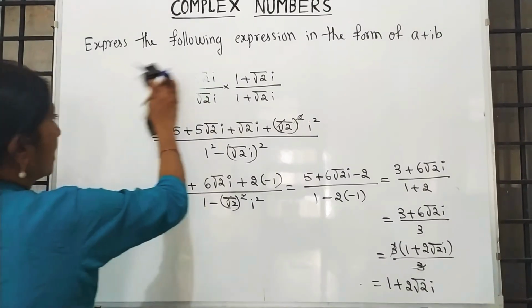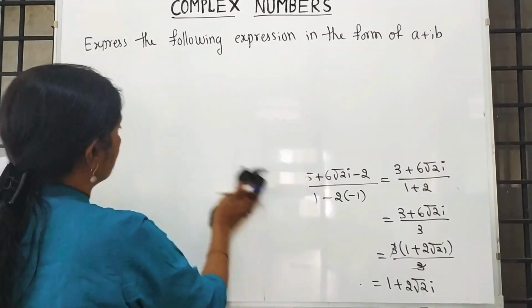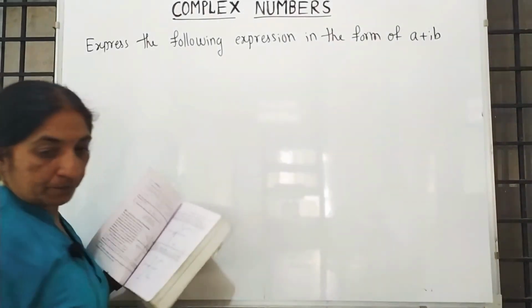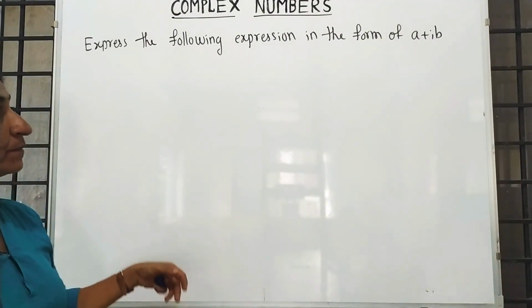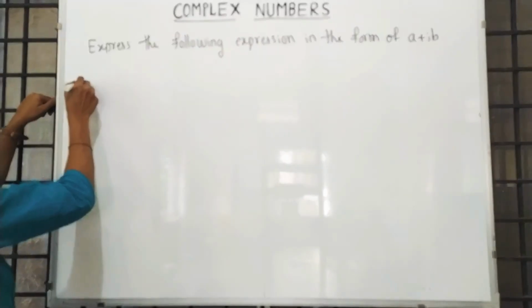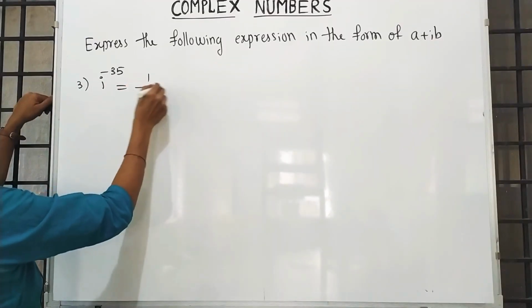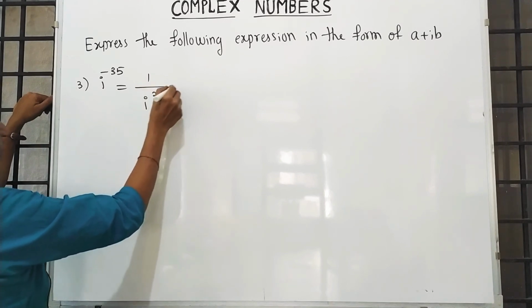i raised to minus 35. So, i raised to minus 35 is 1 upon i raised to 35.